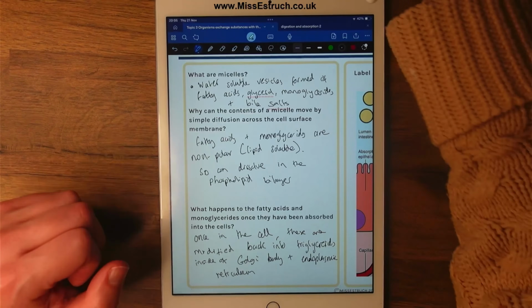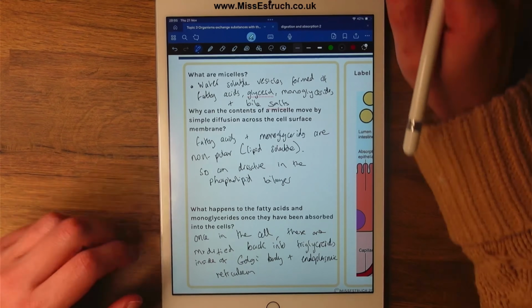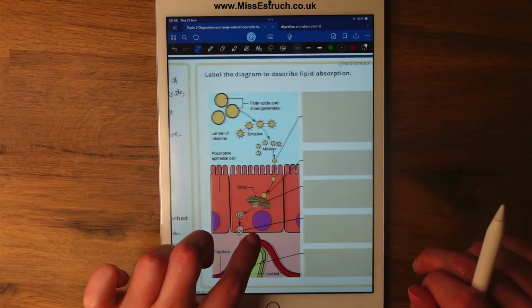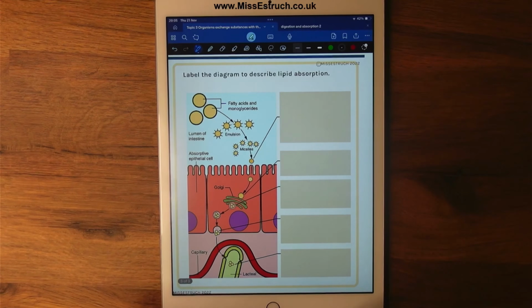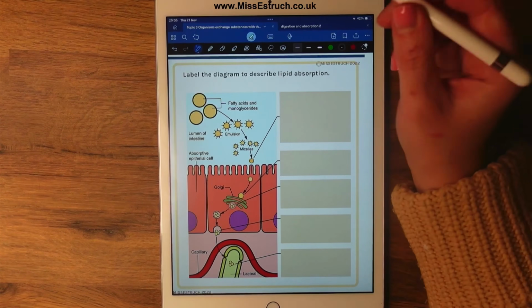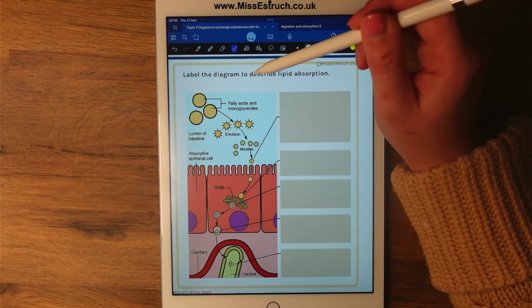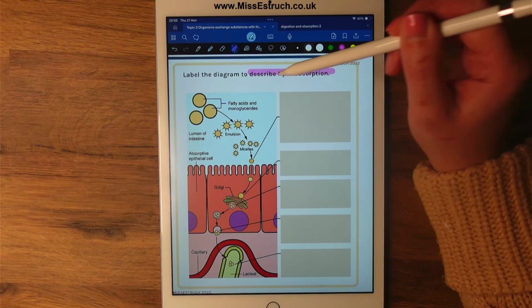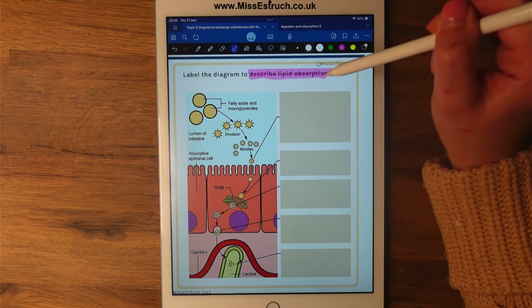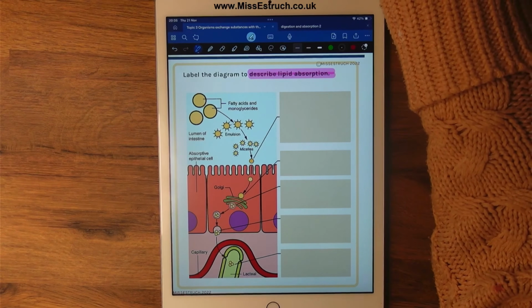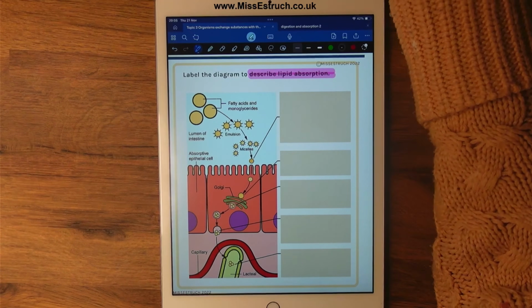Right, the final activity that we're going to look at on the lipids before we go on to some exam questions is this diagram here. We need to have a go at labelling it. It tells us to label the diagram to describe lipid absorption. So we need to look at those different stages.